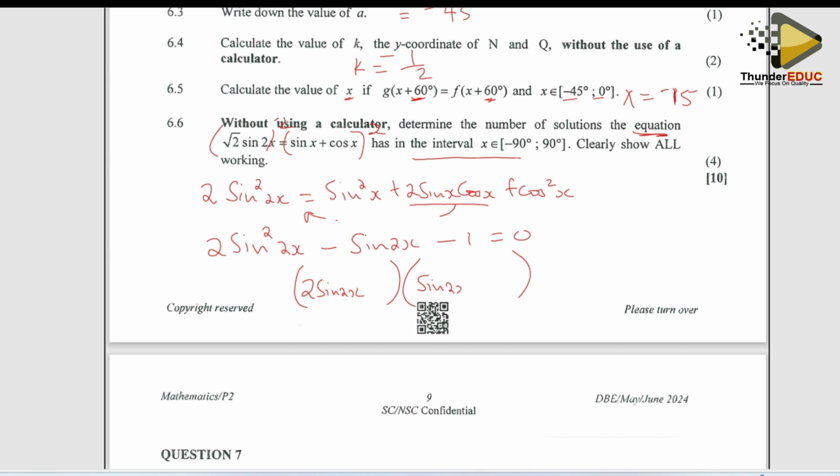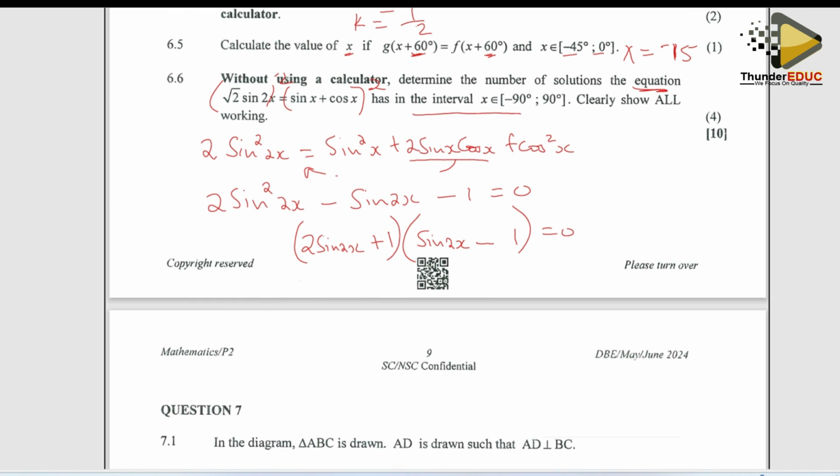This is a sine 2x. If I put a 1 and a 1 here, this has to be negative, this has to be positive. Then sine 2x is a half, or sine 2x is 1.